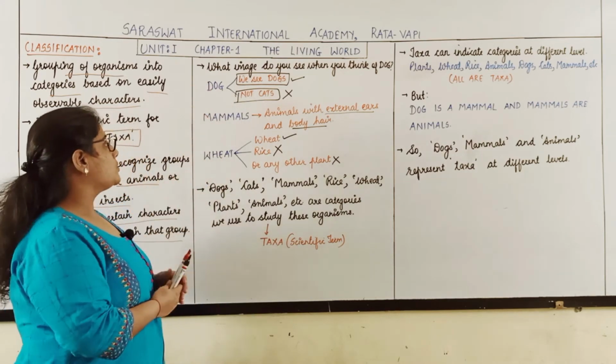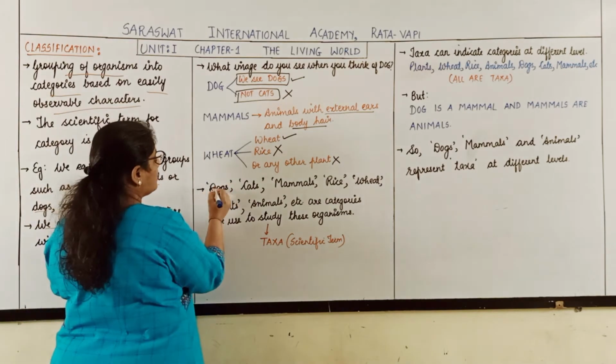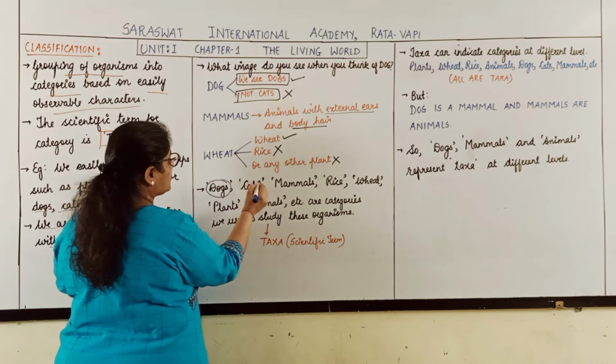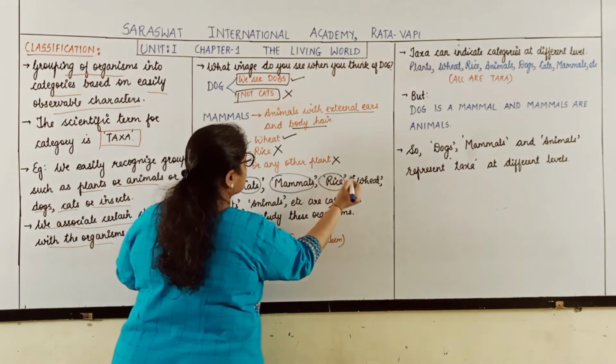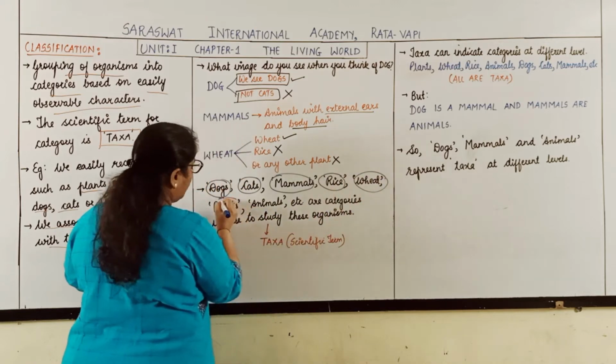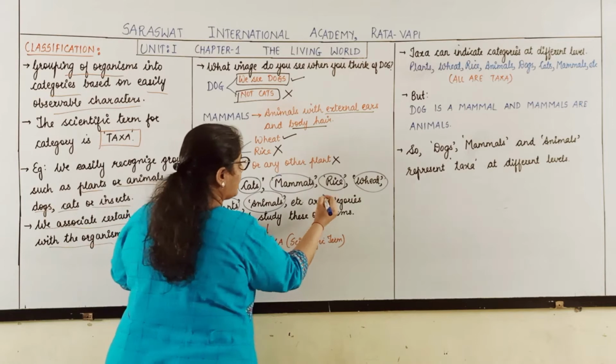So now students, whatever terminologies I have used here, for example dogs, cats, mammals, rice, wheat, plants, animals, etc., what are they all?